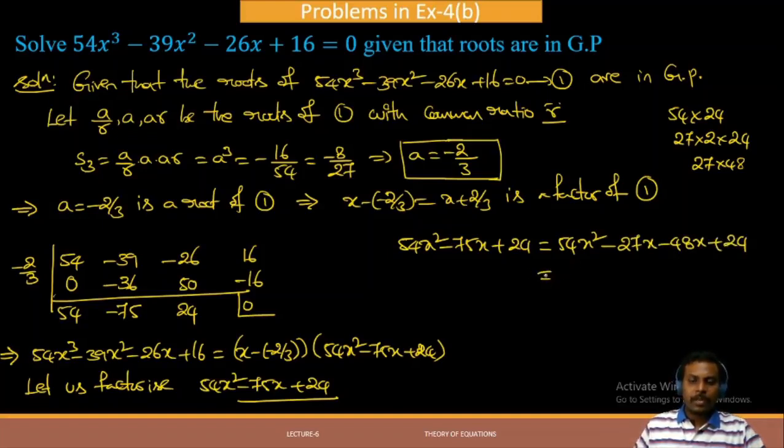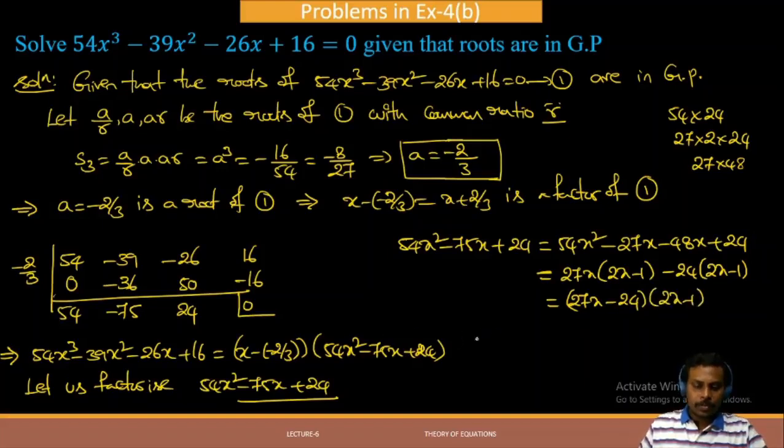So that is equal to, let me consider this 27x. This becomes 2x minus 1, minus 24. If I consider, this becomes 2x minus 1. So that is equal to 27x minus 24 into 2x minus 1.